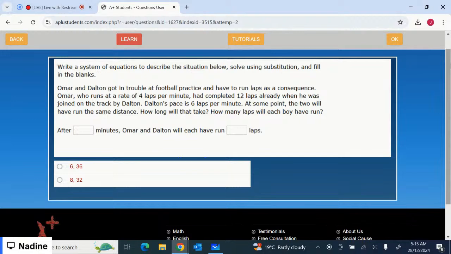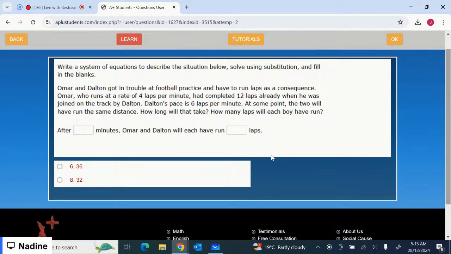So we have to write down the equations first and then solve.